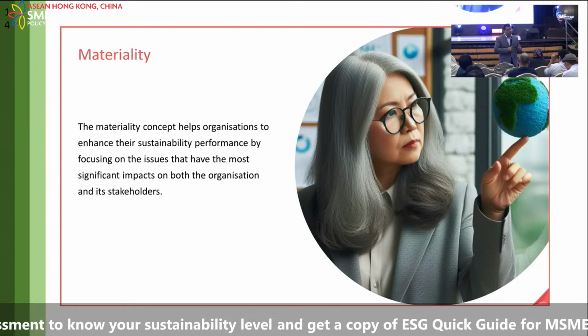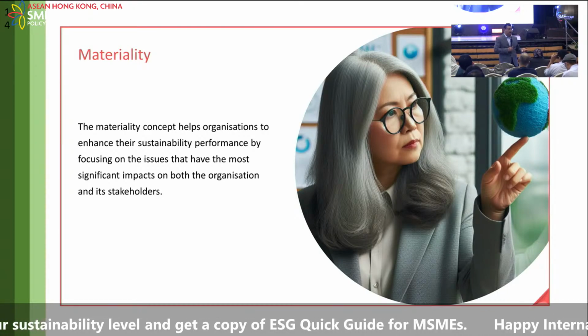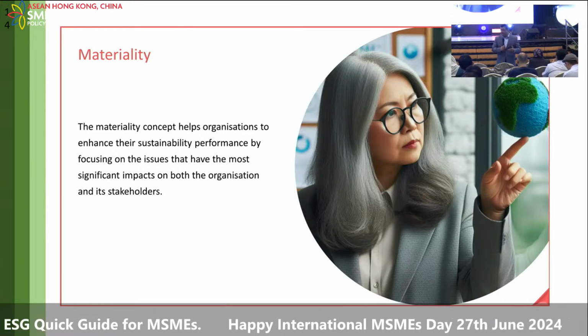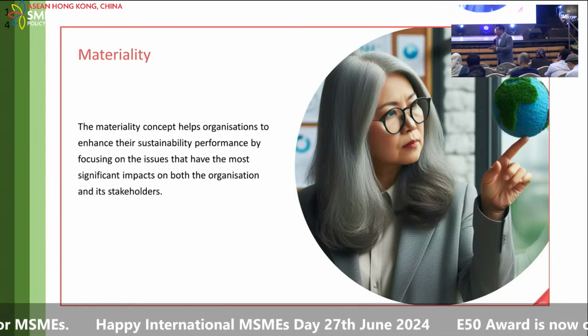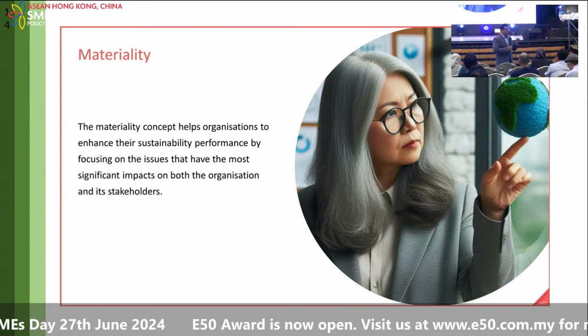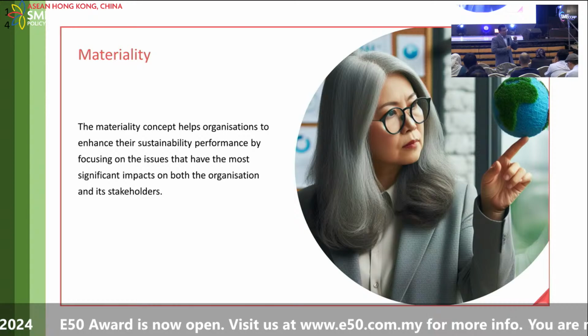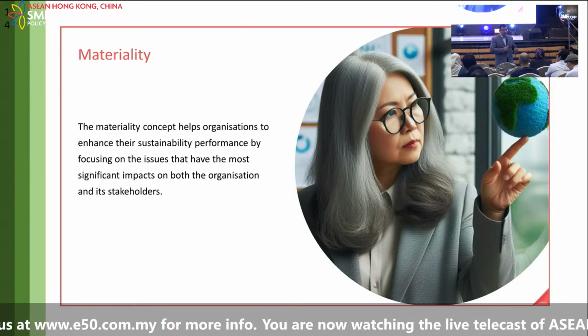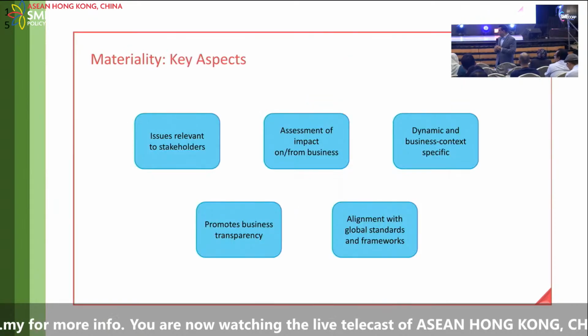No profit, don't even talk about sustainability, if your business goes under. So materiality is a concept, if you look at the screen, that issues or matters that will have the most impact in your organization. Sustainability issues. Next one.